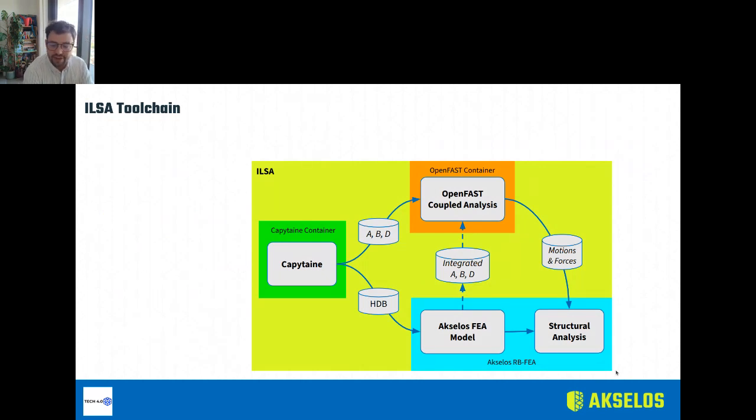The core innovation at the heart of ILSA is the seamless integration of Capytaine, the potential flow solver, OpenFAST, the global analysis solver for coupled analysis, and Akselos. What makes this possible, aside from just the software side of things, is another innovation that was developed at Akselos, which is the load mapping methodology.